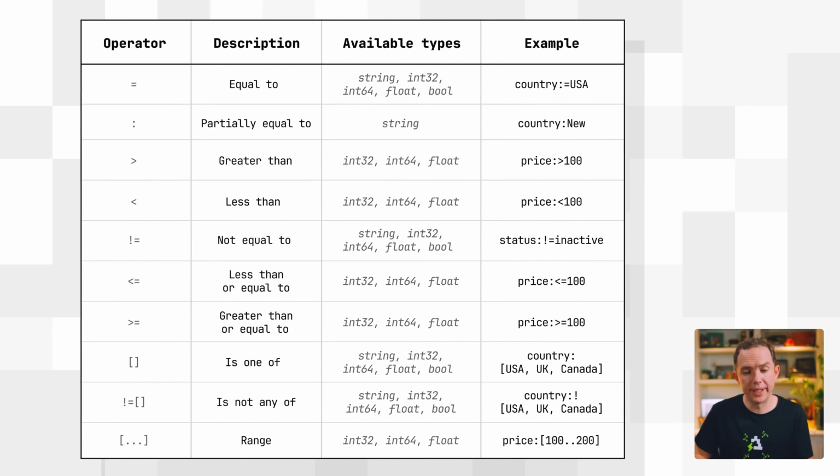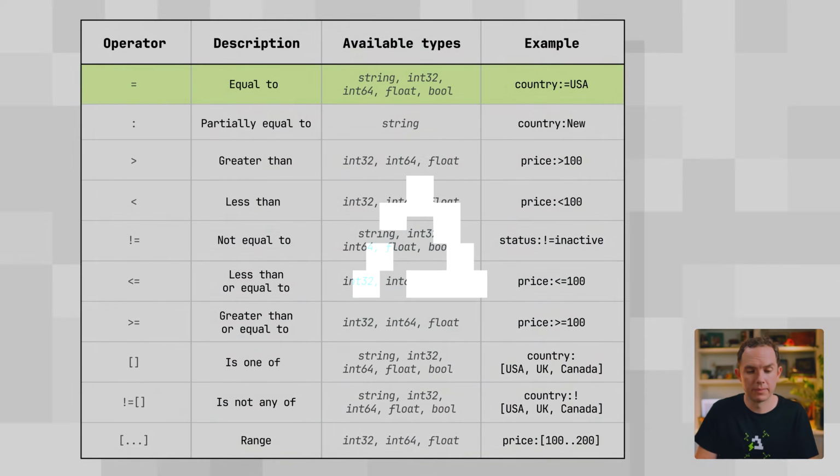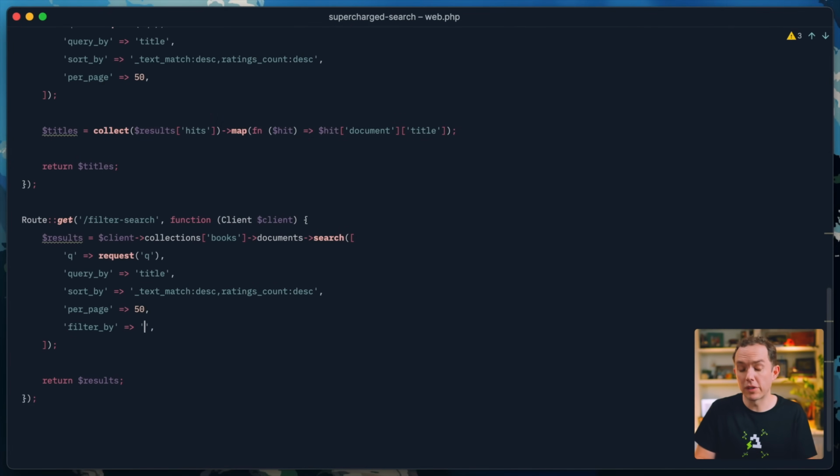All right, so let's finish up by doing just a couple more. How about I want to say, give me all books where the author is equal to Blake Crouch. How would we do that? Well, it looks like we want this one at the top. All right, let's give it a shot. So filter my results by those where the authors, and remember it's plural in this case, is equal to Blake Crouch.